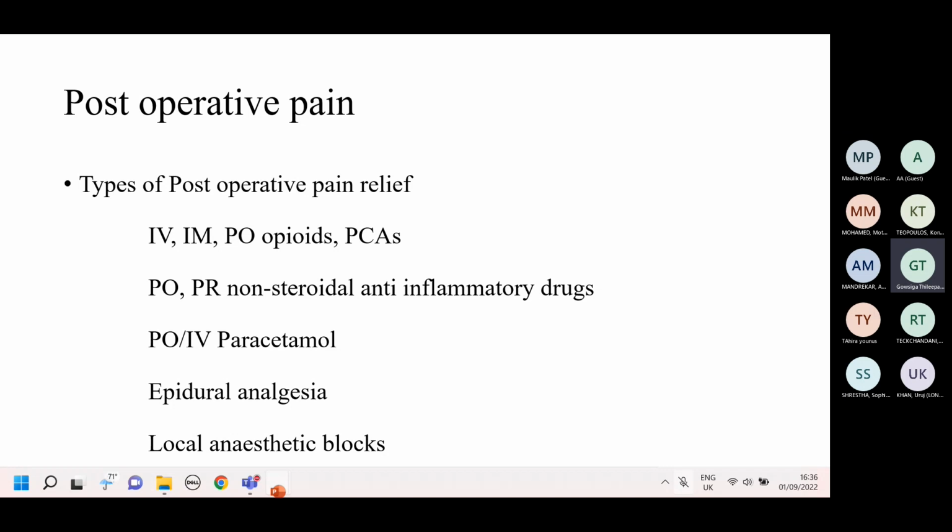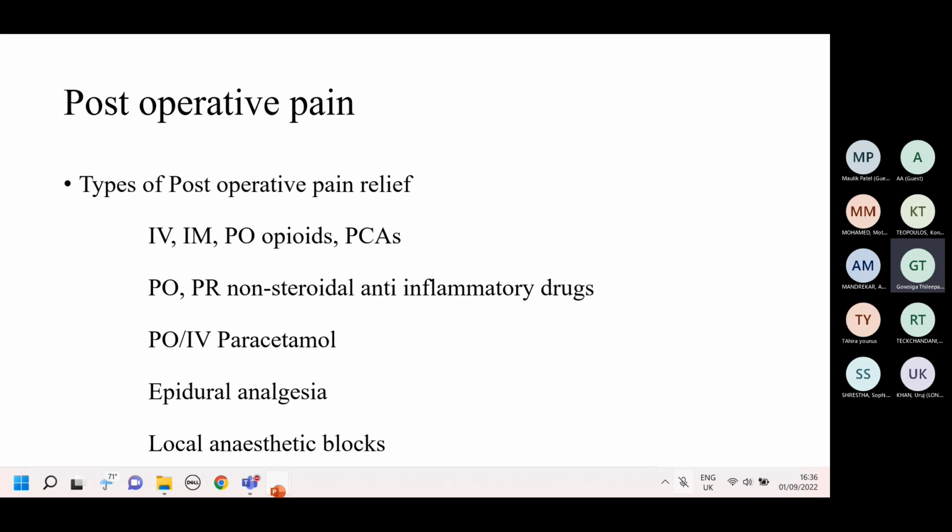And the main, most effective analgesia is epidural analgesia and local anesthetic blocks. Usually they should be given in the theater, but sometimes we do these blocks in ITU also. Post-operative blocks, mainly for trauma patients or pre-operatively blocked patients, mainly for trauma orthopedic surgeries.